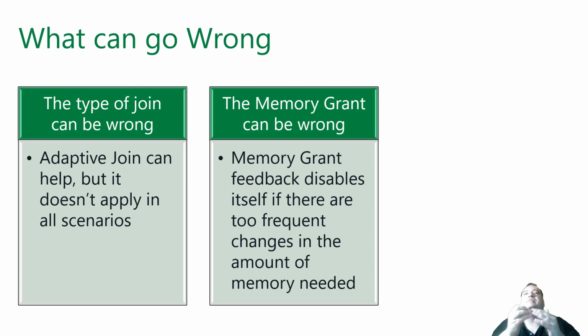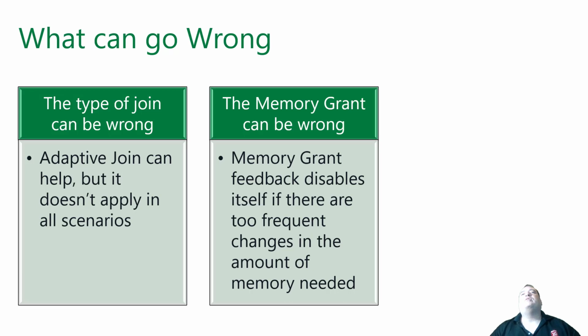So the plan is annotated to change the memory grant on the next execution, not on the execution that just happened, but for the next execution. This is a small solution for the problem.